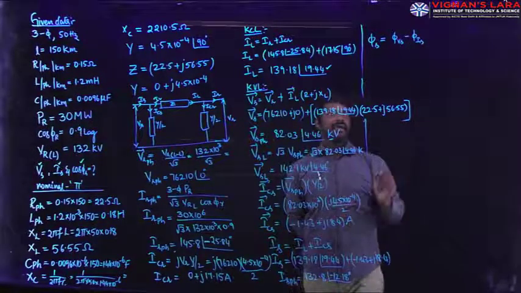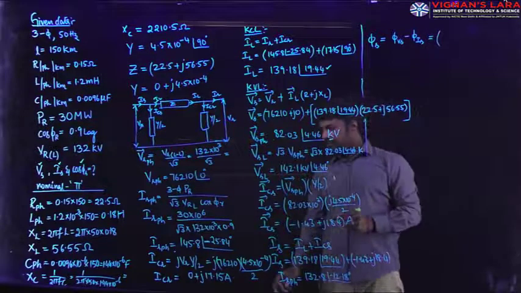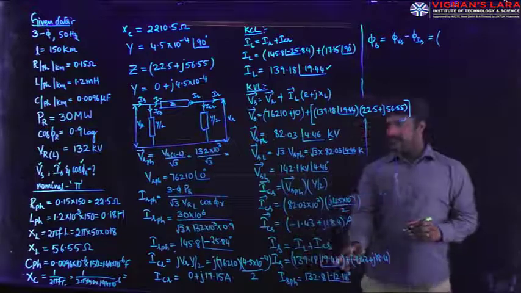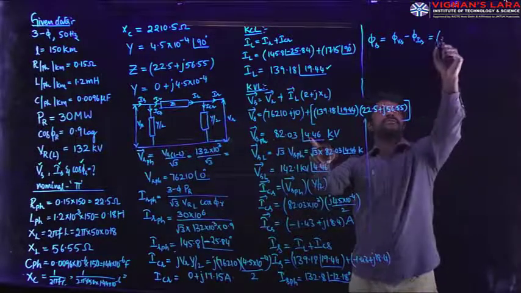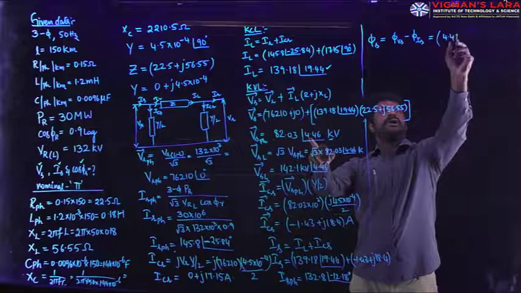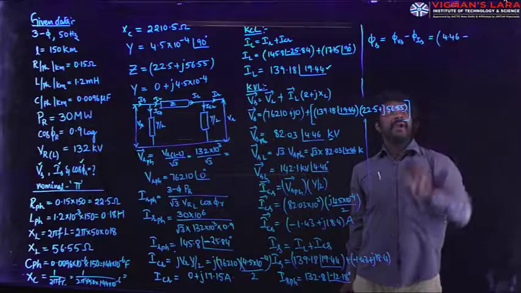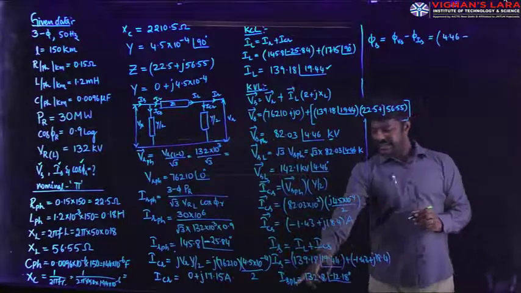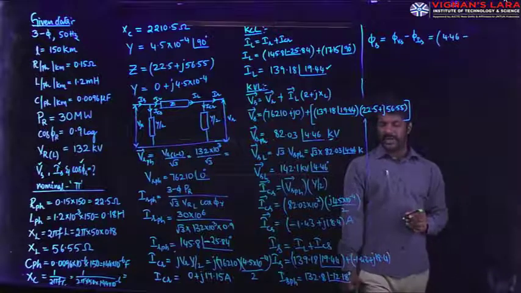Then you can write that phase angle phi s as angle of Vs. Where is the angle of Vs? Yes, here it is 4.46. This 4.46 angle is to be subtracted with the current phase angle. The current phase angle is known to us, minus 12.18.